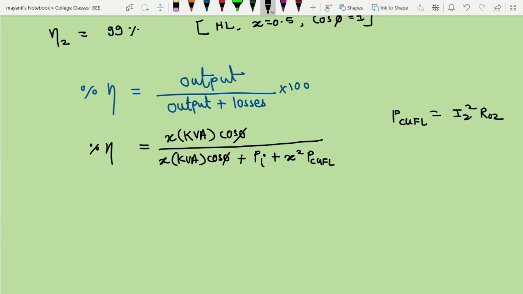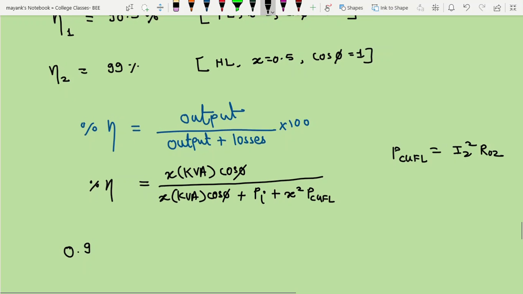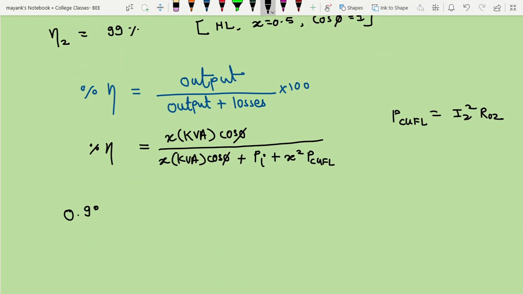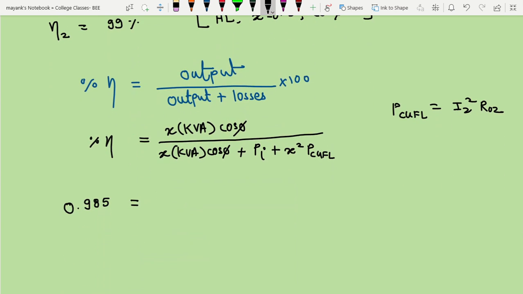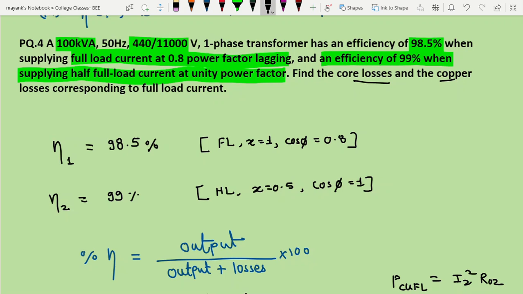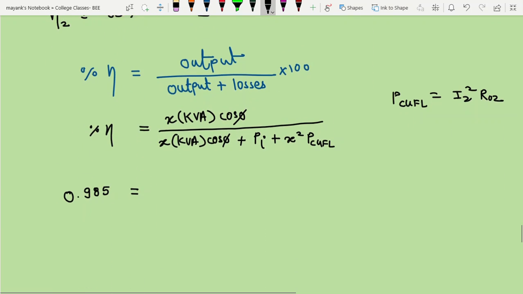and for the efficiency 1 it is 98.5%, so 0.985 is the given data. Okay, and x is full load, that means x is 1 and power factor is 0.8. Now what is the kVA given? kVA is 100 kVA.